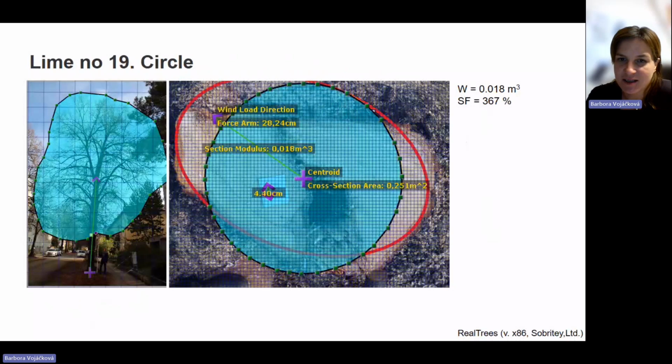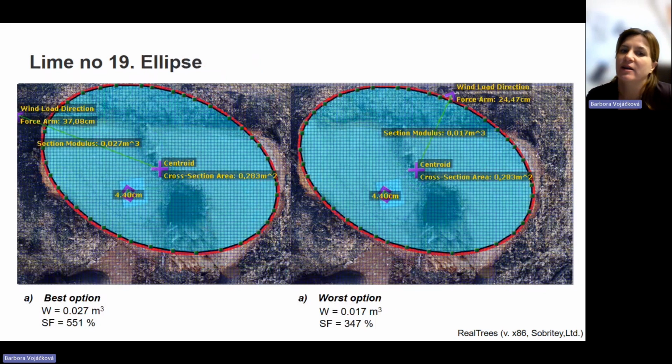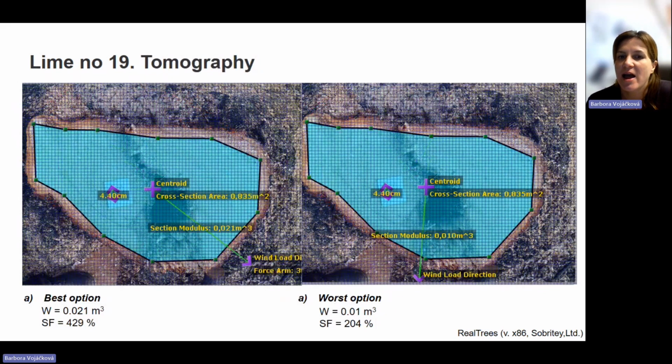So this is just a case study. I will finish with this: I tried to calculate different shapes of the cross section, the real cross section, elliptical, circle, and this one, which is partially the shape of what will happen if we have, for example, tomography with only 12 zones.